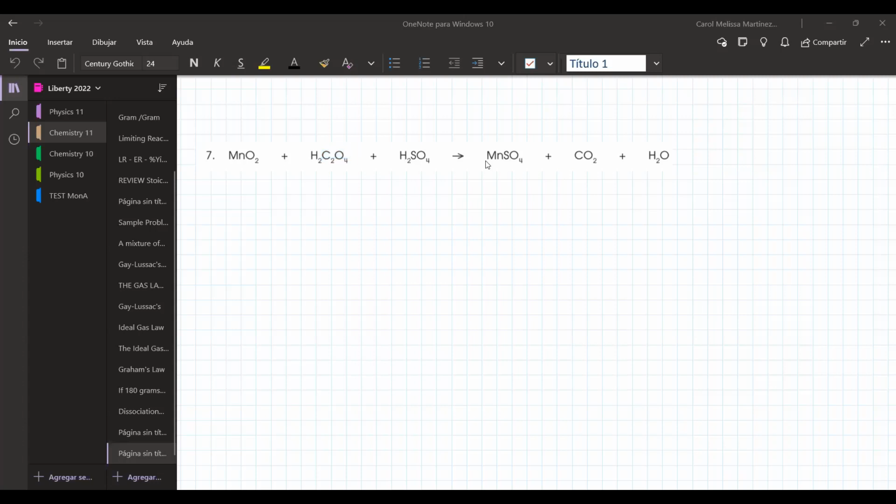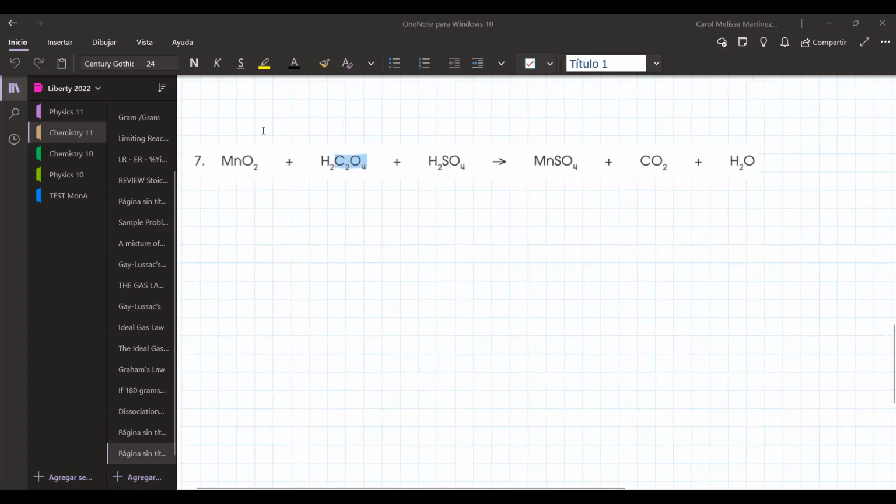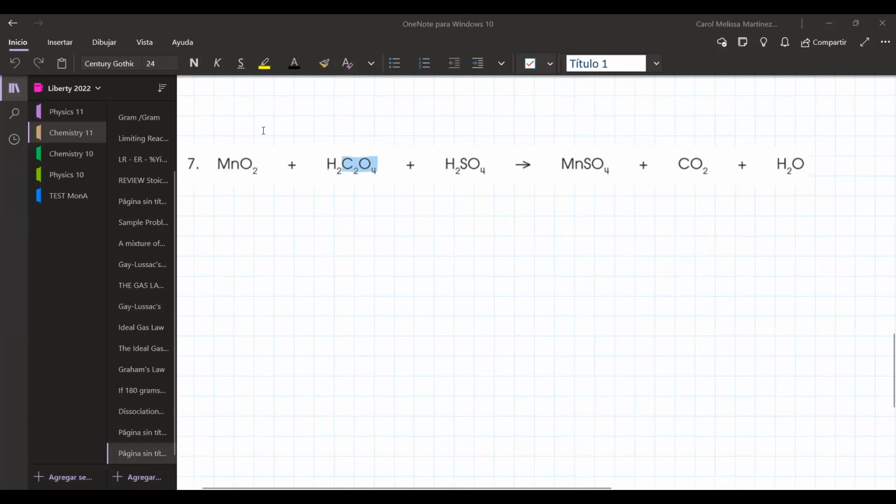Okay, so the idea is the same. You can do it by knowing the charge of the ion oxalate, which is this one. You can do it by the ion or by the compound, it doesn't really matter. You want to know what C is. If you want to do it by the ion, which is what I prefer because it's simpler, I say, okay, oxalate is C2O4 with a charge of -2.